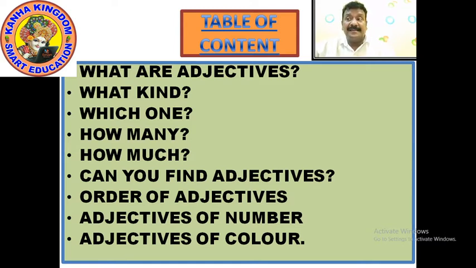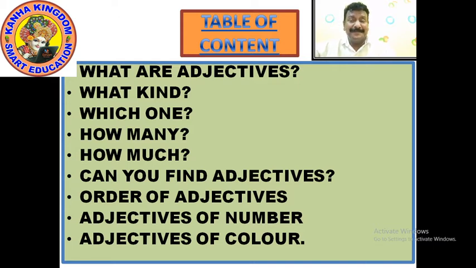We will see adjectives of number. In order of adjectives, we will see adjectives of number and adjectives of color, and an exercise to do in the last. We will be doing some exercises which you need to go through, right?